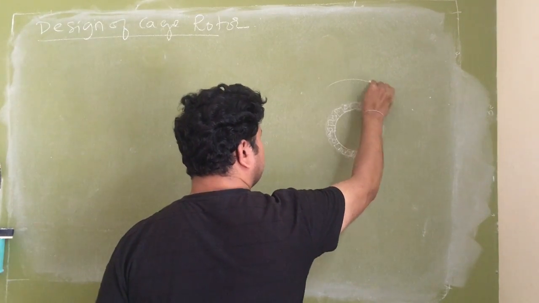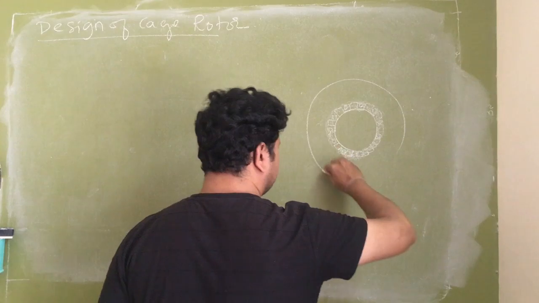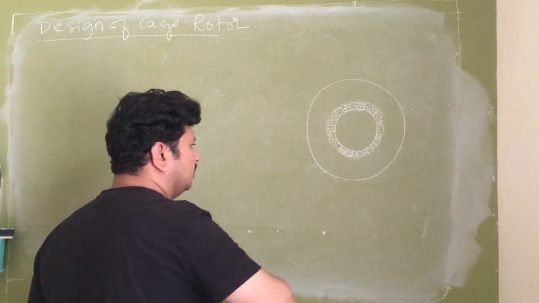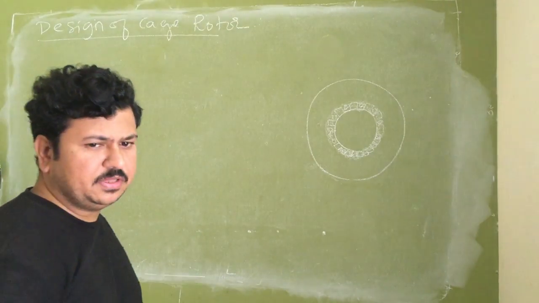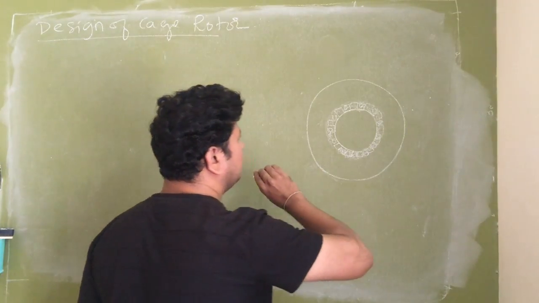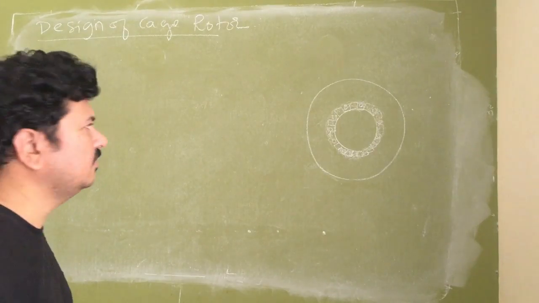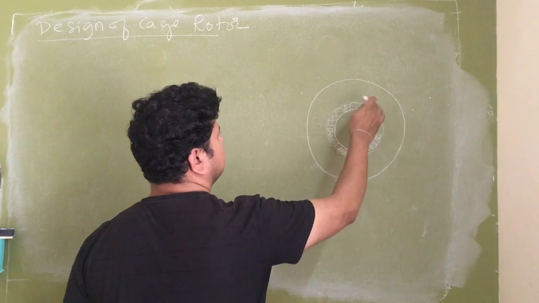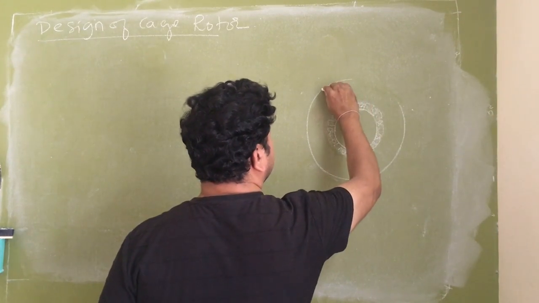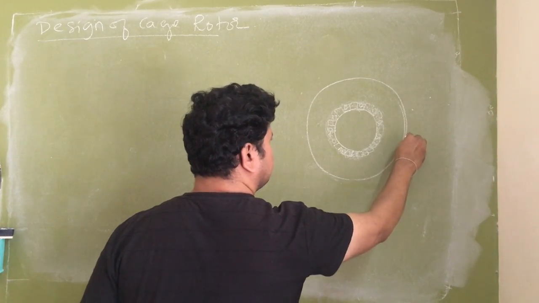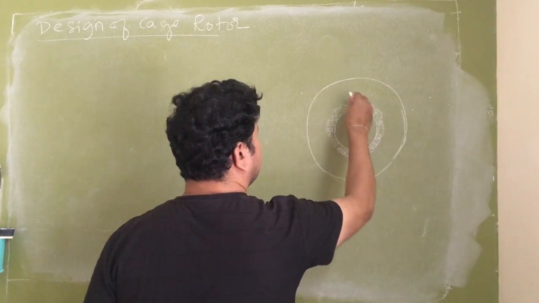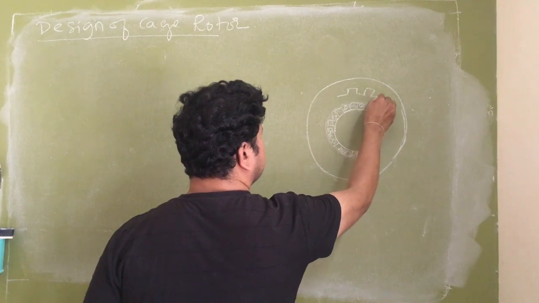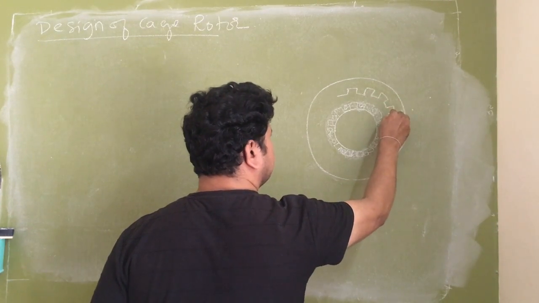Now I have a stator. Though certain things appear repetitive, please bear with that, because I need a flow. For that I am taking this part once again. We have stator slots.